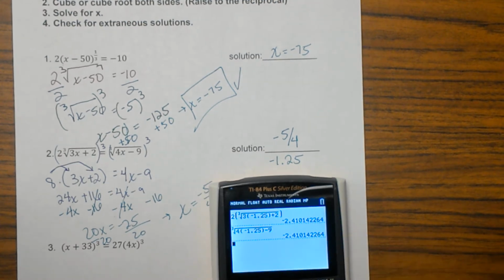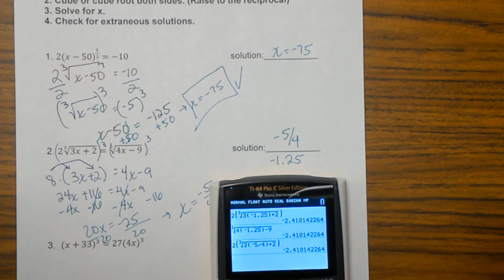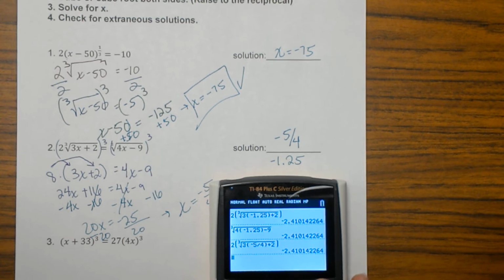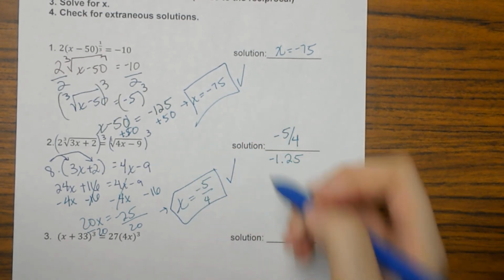That tells me that -1.25 is correct. Either way I write it, if I use a decimal or a fraction, it's going to tell me that both sides are equivalent for that x value. So that tells me that -5/4 is correct.